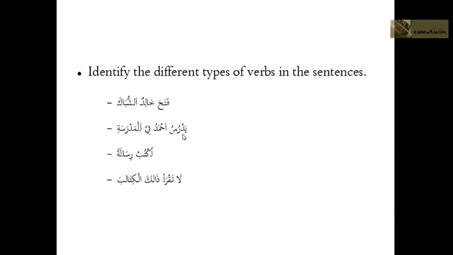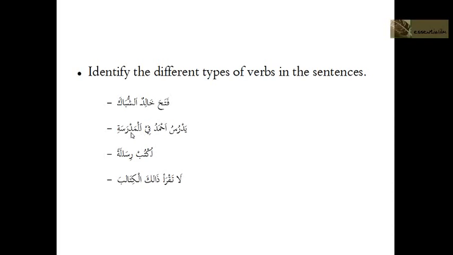Yadrusu Ahmadu fil madrasati. Okay, so the alif, the fa is going to connect to the lam. So yadrusu, it doesn't have al, it doesn't have tanween, and it has the full meaning, so this is a verb. Ahmadu is a name. Okay, fil madrasati.